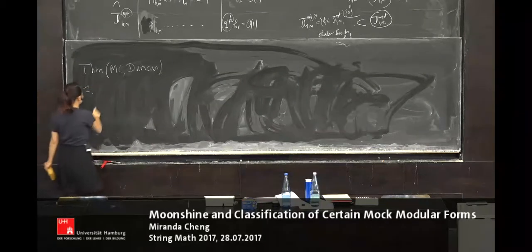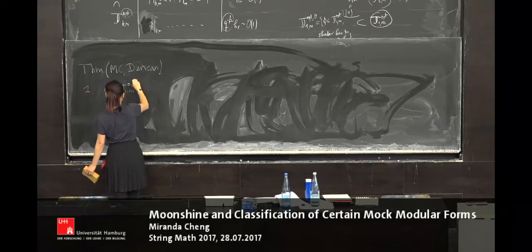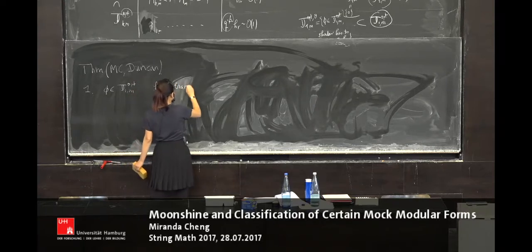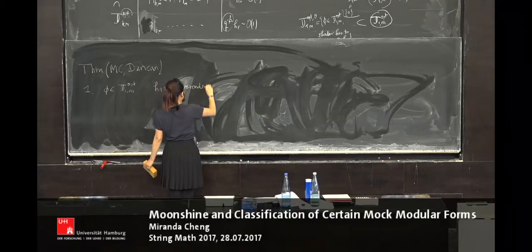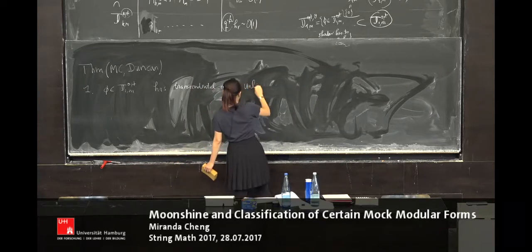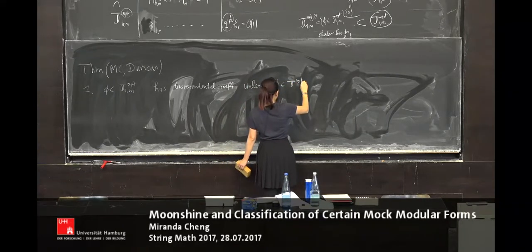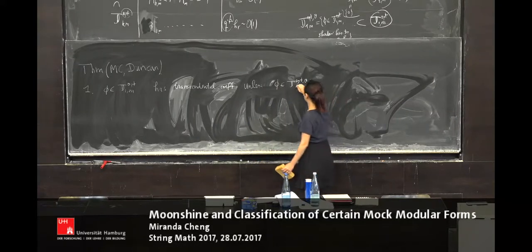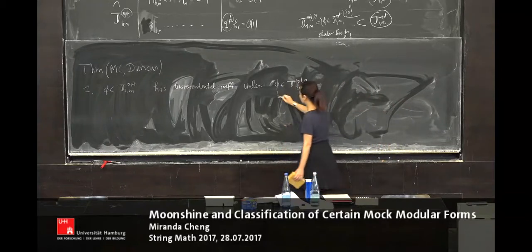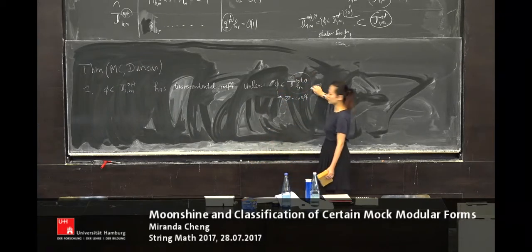The weight 1 mock Jacobi forms have bad news for physicists: transcendental coefficients, unless the shadow is given by theta functions. In which case, you can rescale it such that it has integer coefficients. So this is the motivation to classify this.